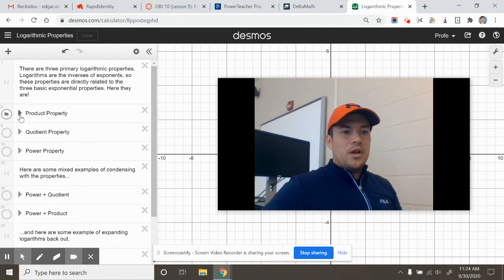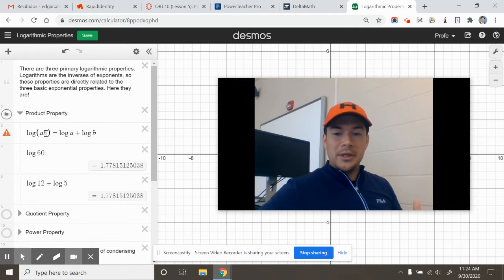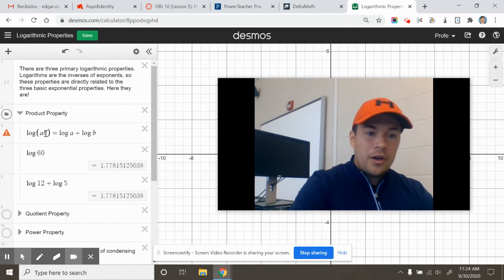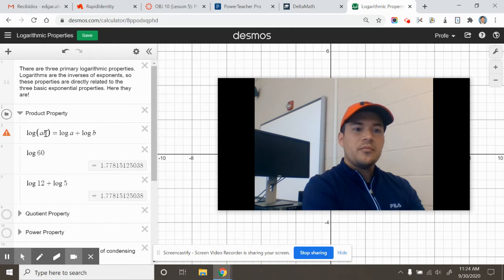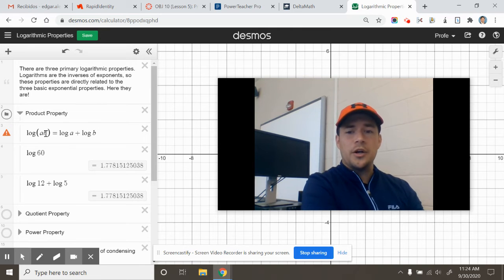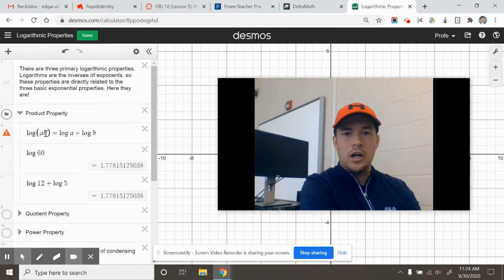All right. So take a look at the product property. The product property basically says that if you have the log of a product, AB, then you can split that logarithm into two: the log of the individual factors. For example, the log of AB is the log of A plus the log of B. An example would be the log of 60. Well, 60 is a product. It can be factored in many different ways.